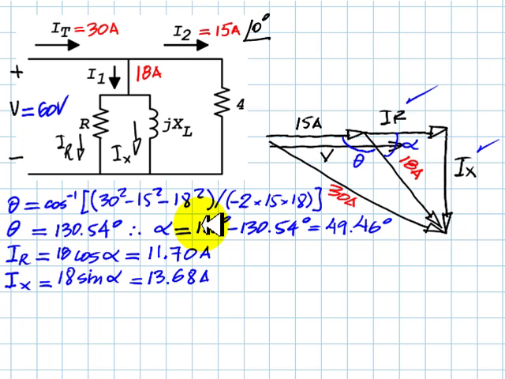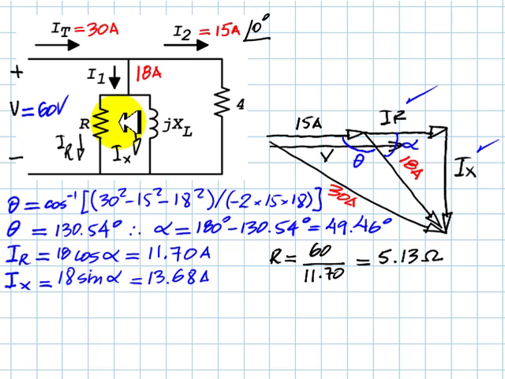If we divide the voltage 60 by each one of those currents, we obtain readily R and XL. R is 60 volts, 0 degrees, which is a real number, divided by the current 11.70, which is also a real number. It has a phase of 0 degrees, as we see there. And that is the resistance we're looking for, 5.13 ohms.